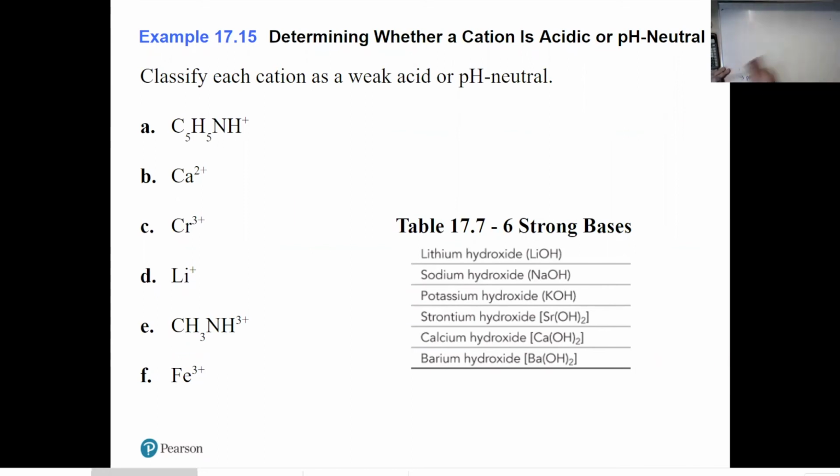But we'll list out our strong bases for this one, SB. All right, so there are our strong bases.